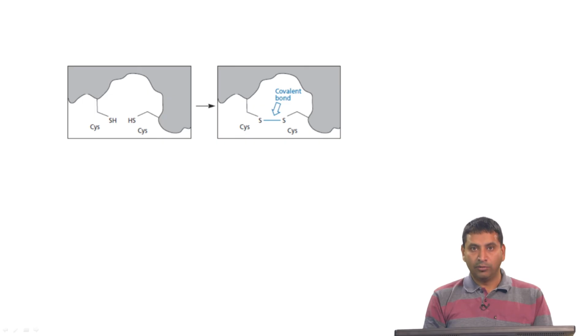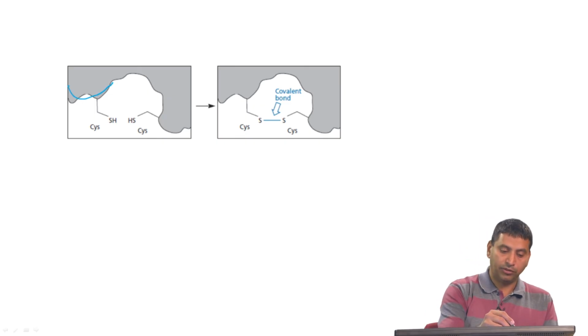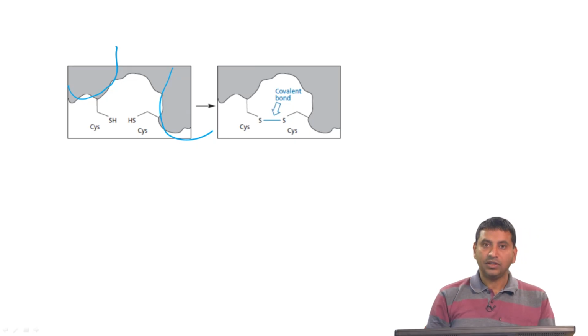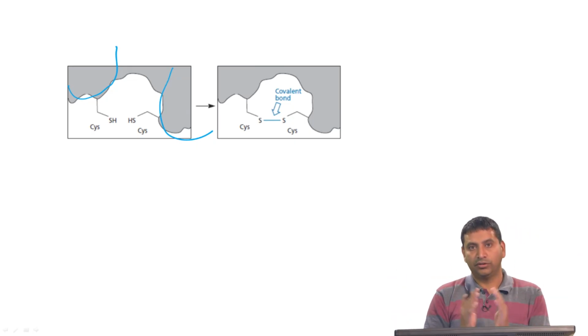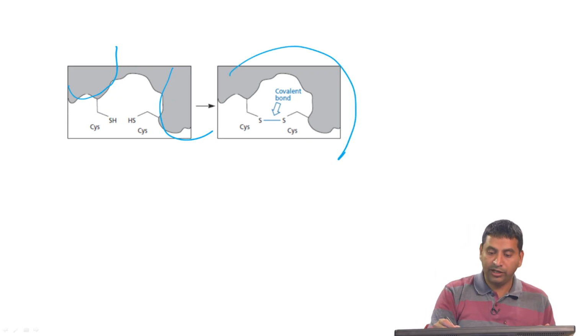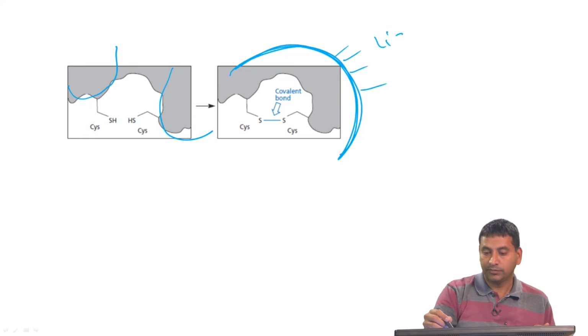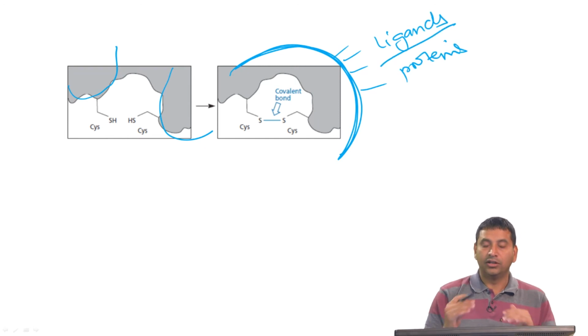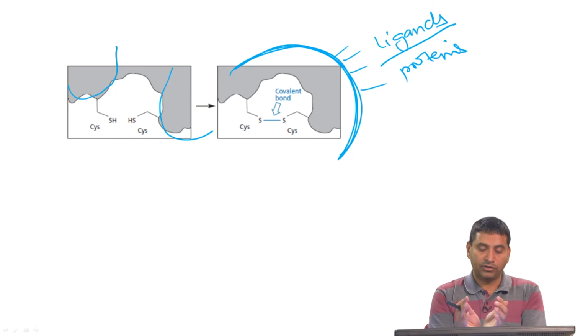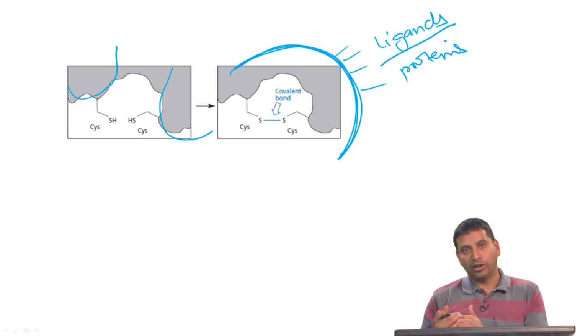If you had a covalent bond between, let us say, this part of the molecule and this part of the molecule, then the two residues can be brought together, and this will provide a very unique shape to this molecule, which can then interact with various ligands or other proteins. So, this shape brought by the covalent bond might be very important in its function. Certain proteins rely on the formation of disulfide bonds to maintain their structure.